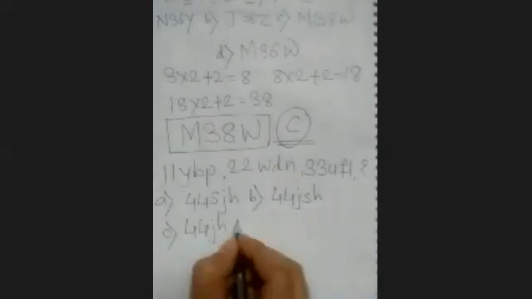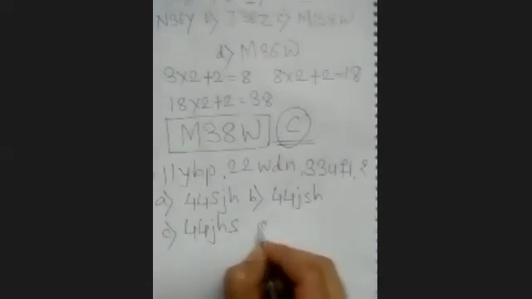Options are A 44 SJH, B 44 JSH, C 44 JHS and D 44 SHJ.